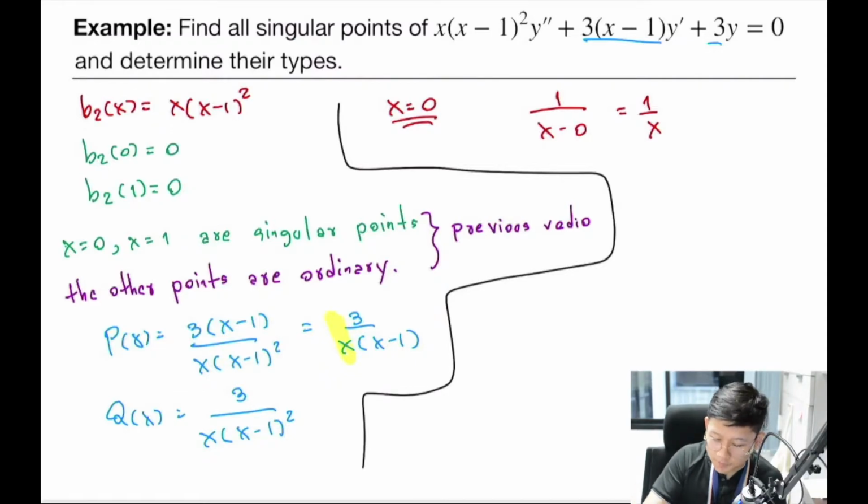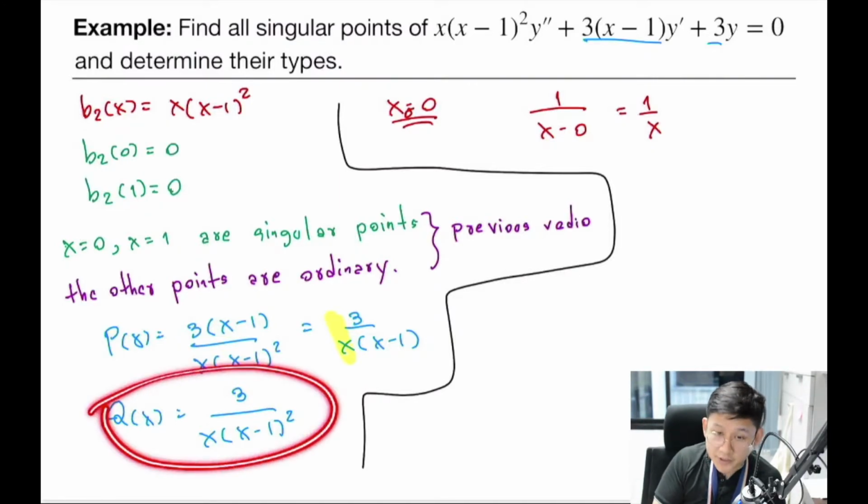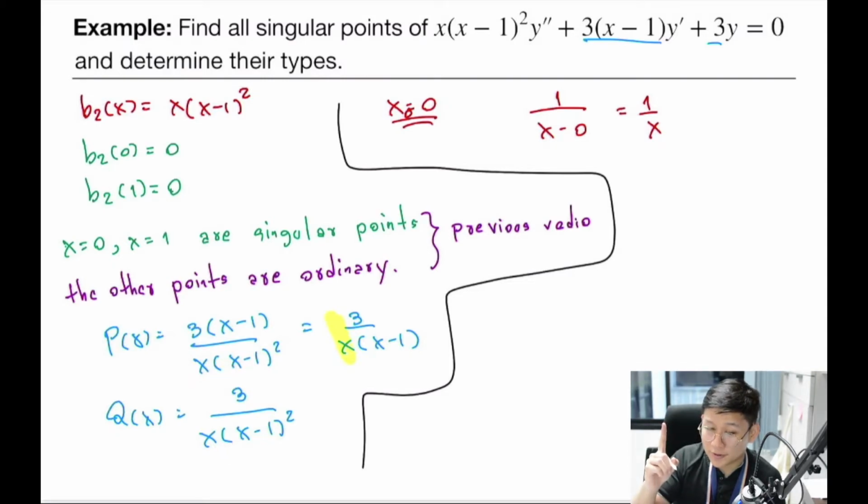It would probably be more intuitive to call this x0. Okay, and 1 over x0 will be 1 over (x minus 0), which is 1 over x. And the power of 1 over x here is 1 over x to the 1. Okay, and the power of 1 over x here is 1 as well.